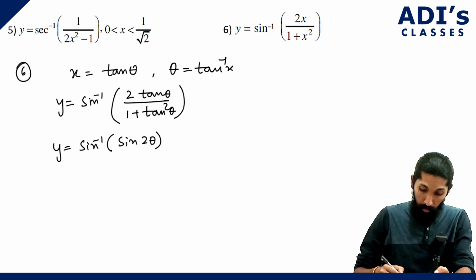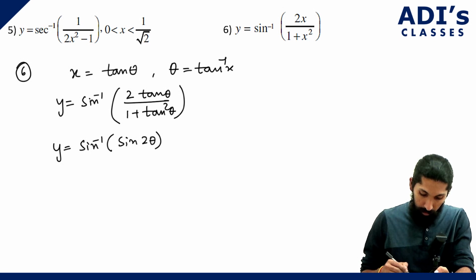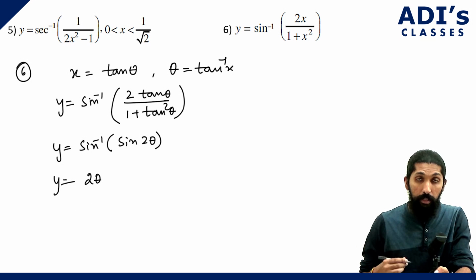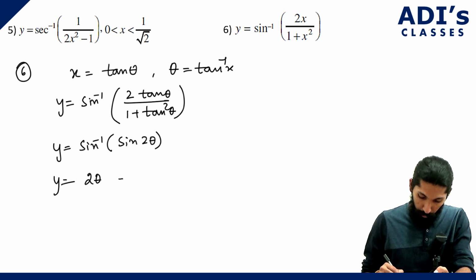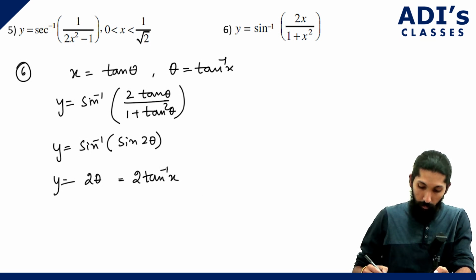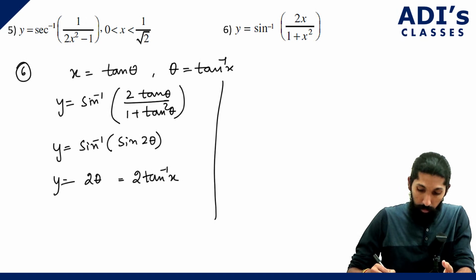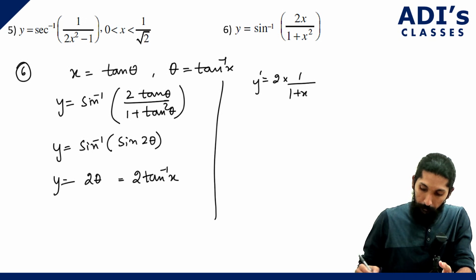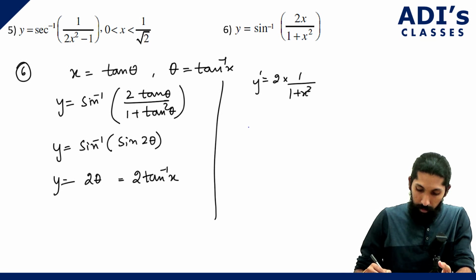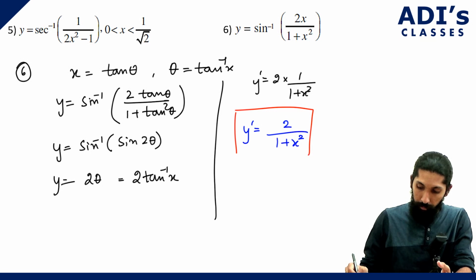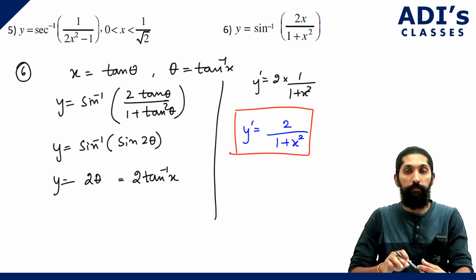Correct? So since you have sine inverse of sine 2 theta, y is equal to 2 theta. Take theta as tan inverse x. This will be 2 tan inverse x. So y dash will be 2 into 1 by 1 plus x square. Or finally you can write y dash is 2 by 1 plus x square. So this is going to be the answer for the last one.